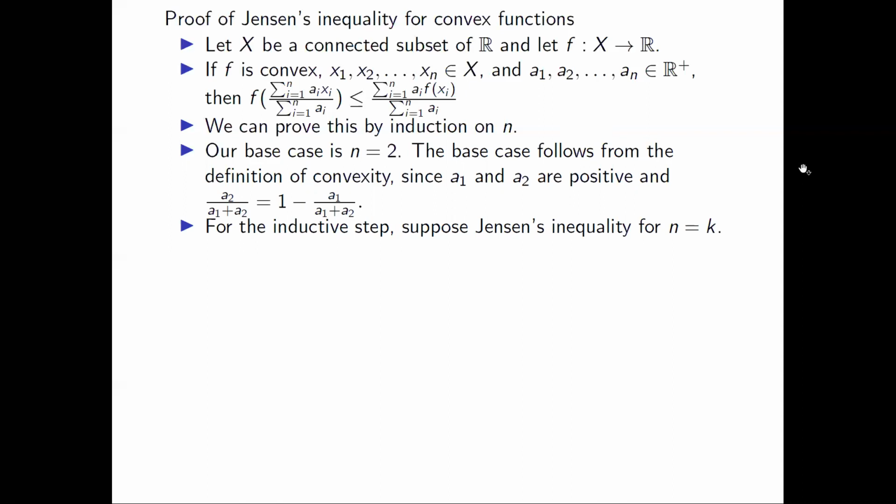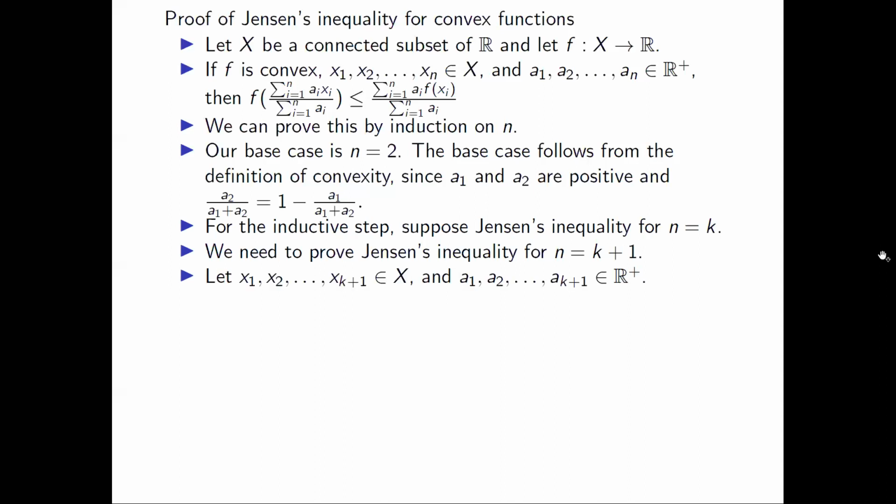Now, since we proved the base case, what's left is to prove the inductive step. So we will suppose that Jensen's inequality is true for n equals k, and now we need to prove that it's true for n equals k plus 1. So we'll suppose that x1, x2 up to x sub k plus 1 are real numbers in big X, and we'll suppose that a1, a2 up to a sub k plus 1 are positive real numbers.